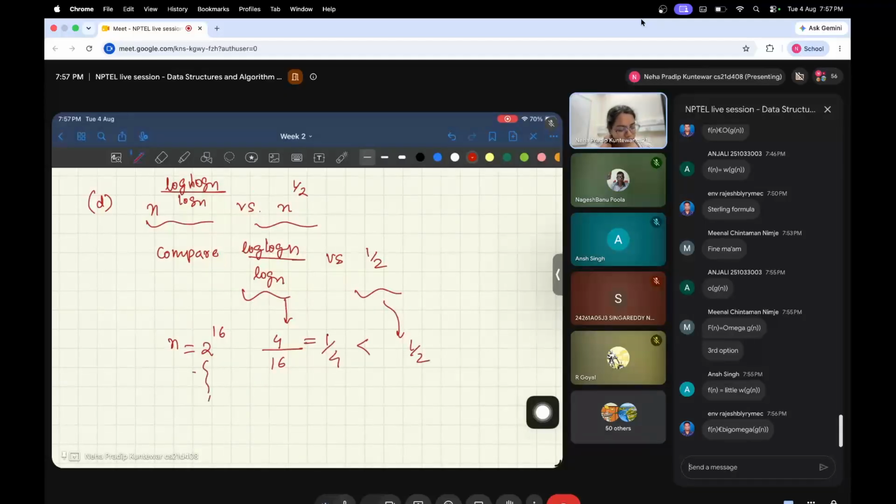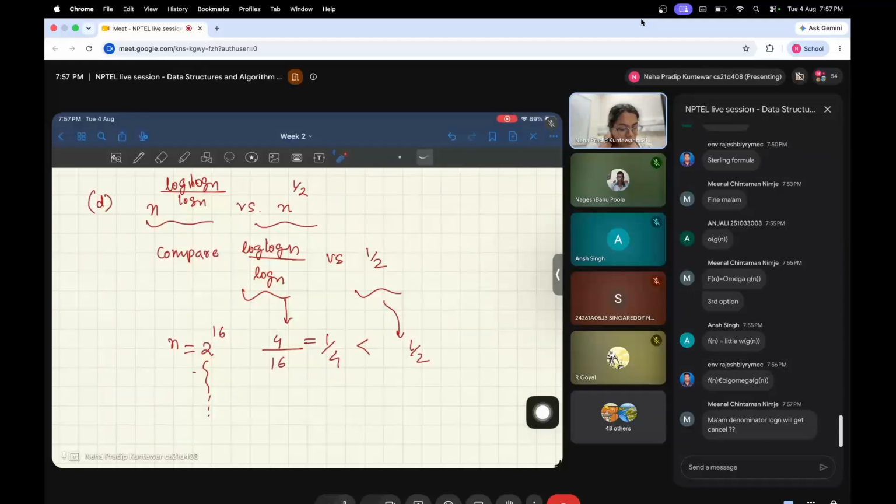If n is increasing, then the denominator is increasing at a much larger pace than that of log n. So as n tends to infinity, this will tend to 0, right?